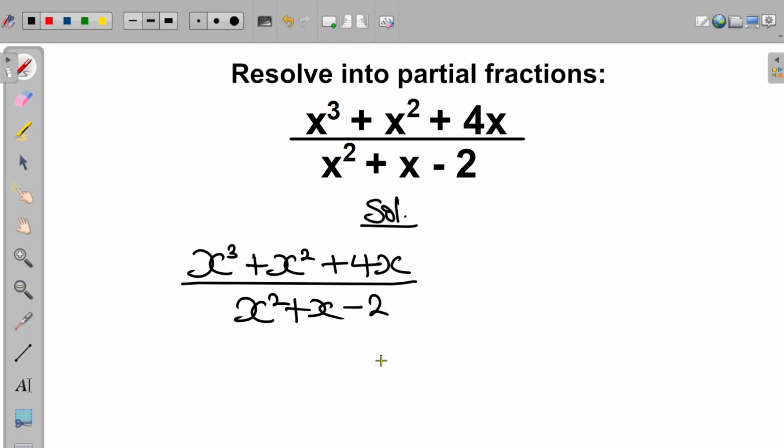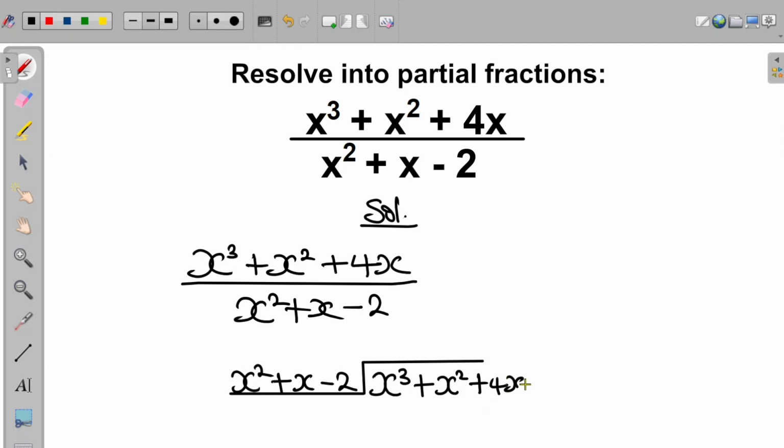Now, notice that the degree of x in the numerator is higher than that of x in the denominator. So we apply the long division. By long division, we have x squared plus x minus 2, and we have x to the power of 3 plus x squared plus 4x.